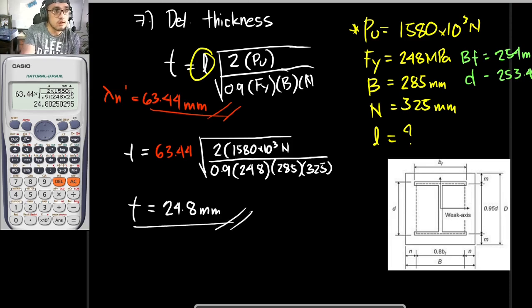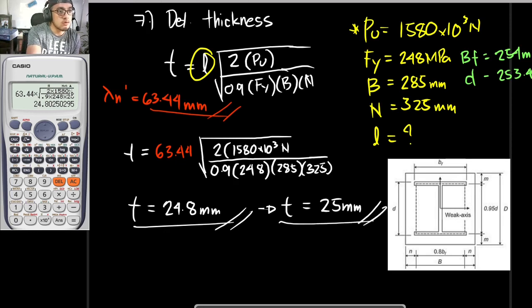But in our classroom discussion and in your quizzes soon, every value of the dimensions of your base plate should be rounded up to the nearest 5. So round up, ha. So 25 millimeters. So this is to be your thickness. So with those, we already have the dimensions of our base plate.